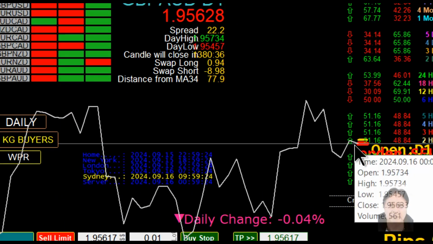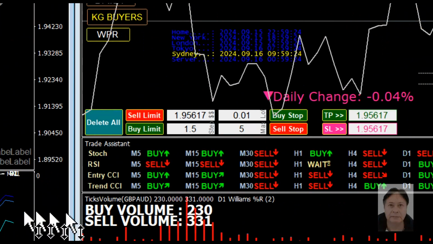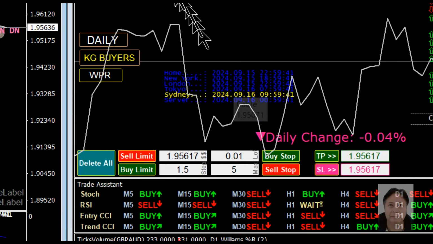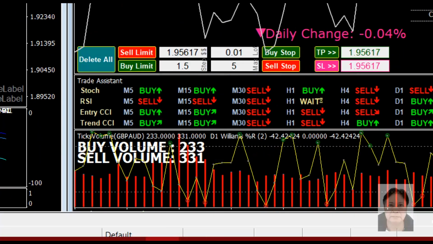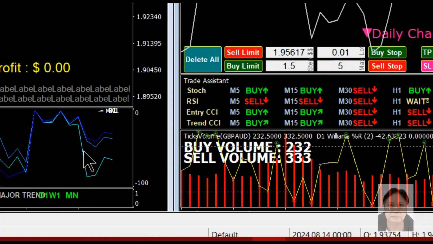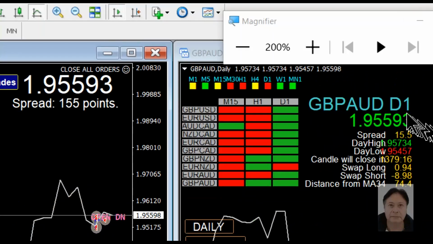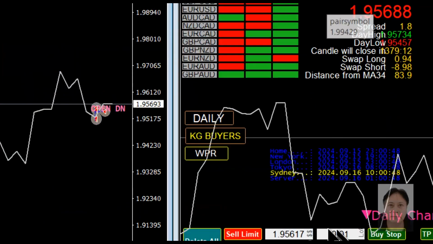But here you can see it's going down. -4 is not a strong down. It's 100 points. Yeah, it's going down. Just to make sure you've got all the templates agreeing, you've got the same currency pair.